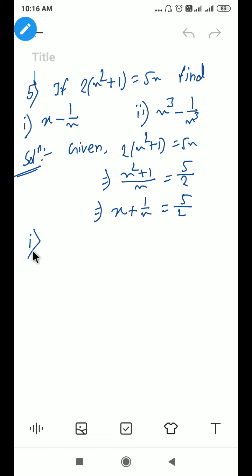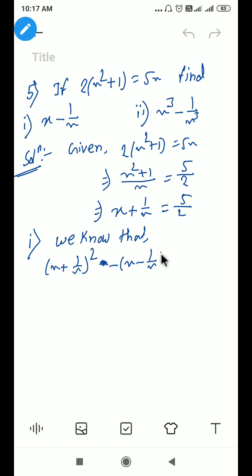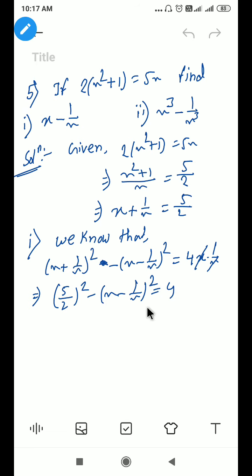Now from here you have to find the value of x - 1/x. x + 1/x is given, and you have to find x - 1/x. So what to do? We know one formula: (x + 1/x)² - (x - 1/x)² = 4ab. That is, (a + b)² - (a - b)² = 4ab. Here a is x and b is 1/x, so the x will cancel out, and this will be 4. The value of x + 1/x is given as 5/2, so put this value: (5/2)² - (x - 1/x)² = 4.